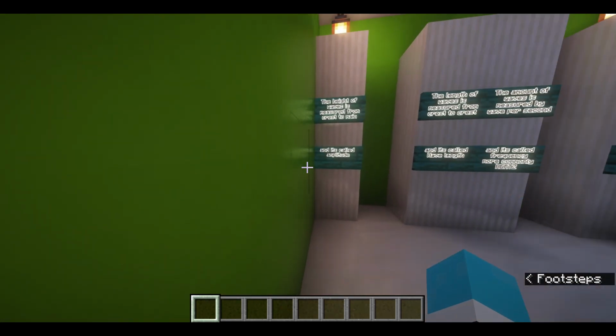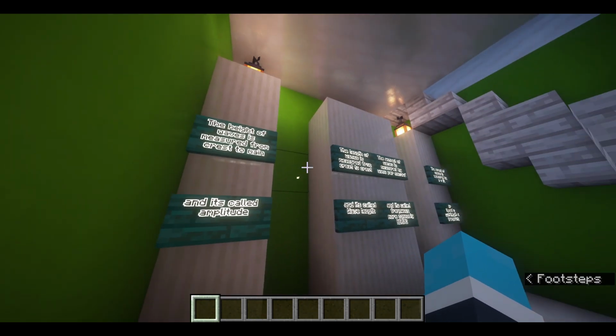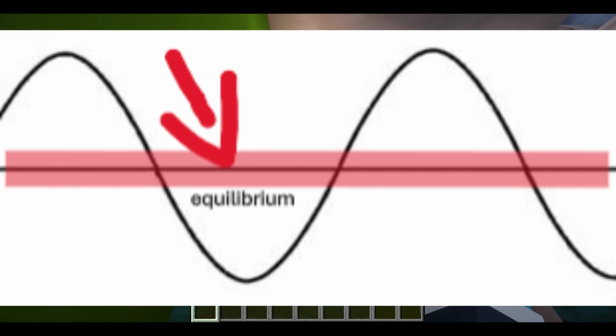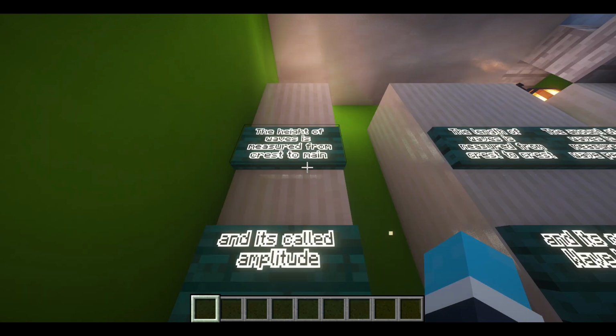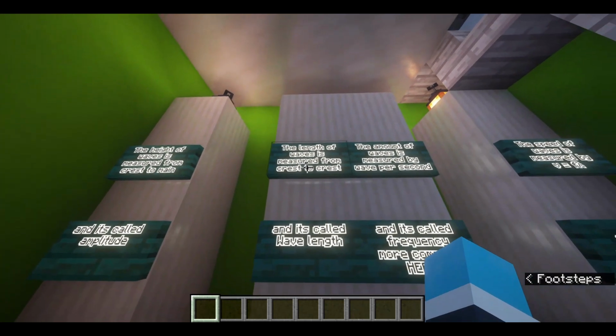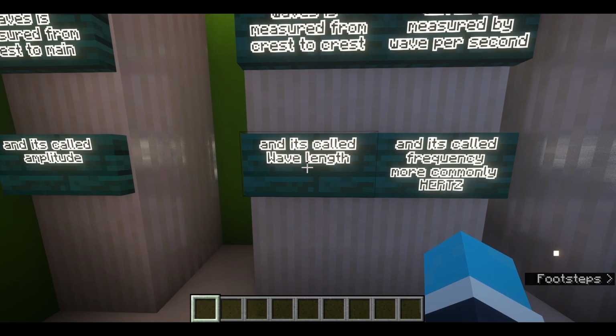Lastly, let's take a look at names and measurements of parts of the wave. The height of the wave is measured from crest to this point of the wave, called the equilibrium, and it's called amplitude. The length of waves is measured from crest to crest, or trough to trough, and it's called wavelength.